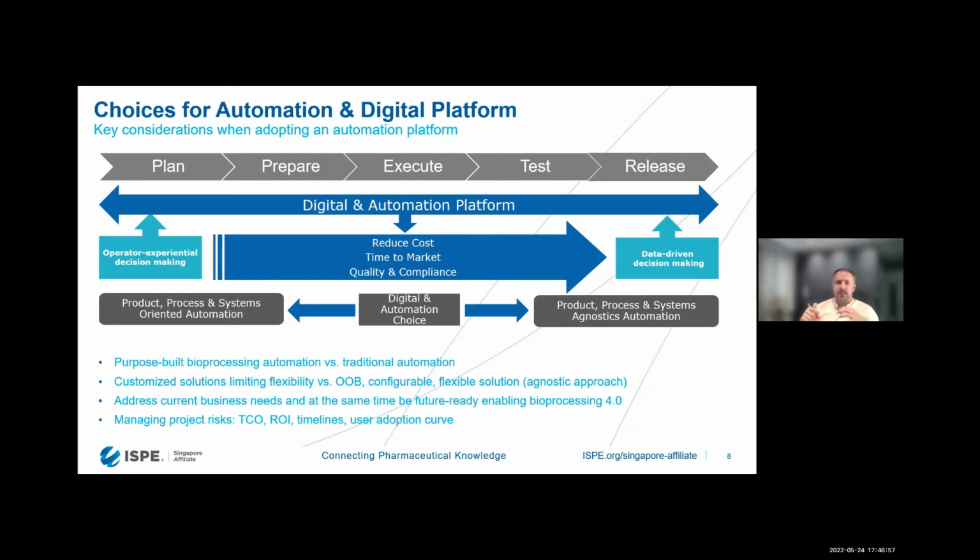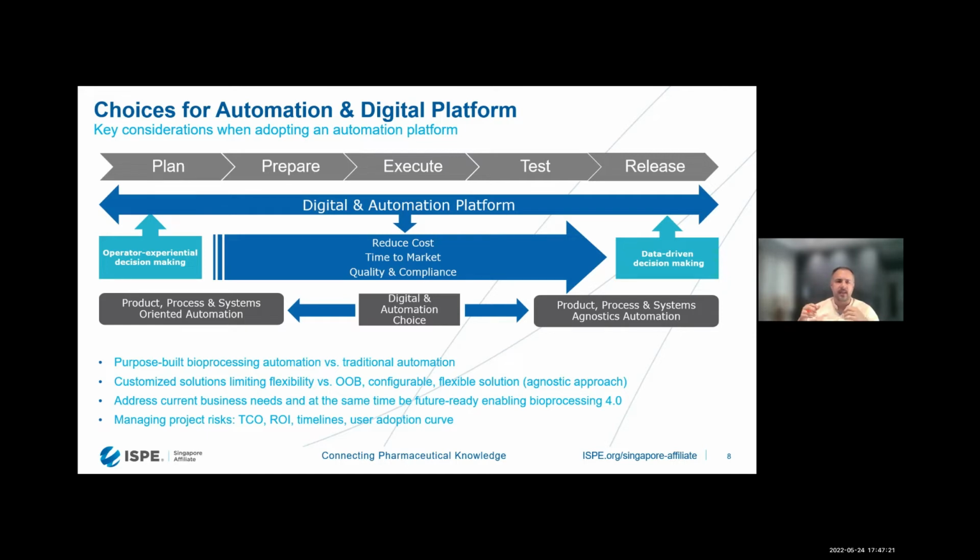So in terms of the choices that one needs to make while adapting some of the automation platforms would be to look at some of the products or solutions which are purpose built for bioprocessing. And again, automation is a very, very huge subject where someone can think of workforce management as automation.